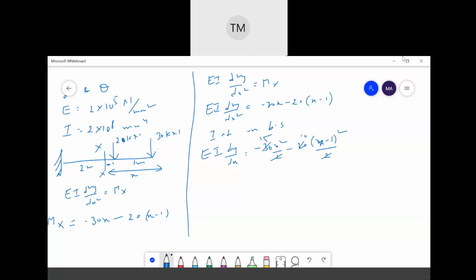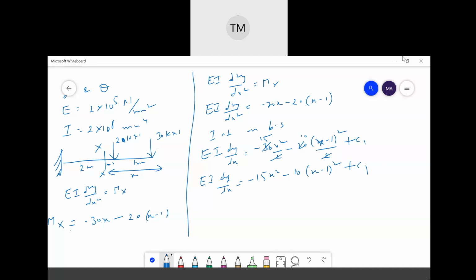When you simplify this one, EI dy by dx is equal to minus 15 into x square minus 10 into x minus 1 whole square, plus c1. Is it clear? Understand, there will be a constant value. You have to calculate this c1 value.